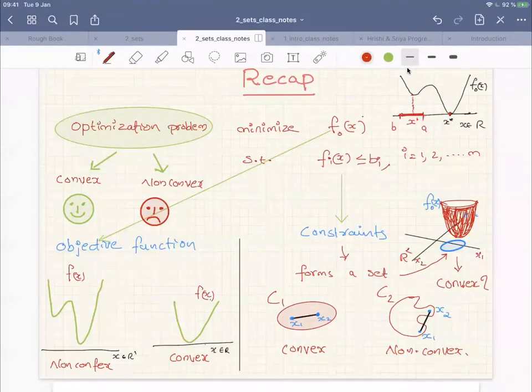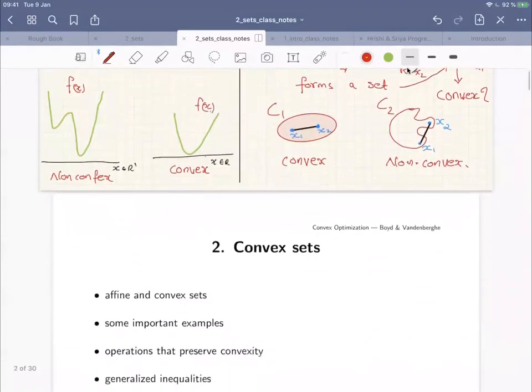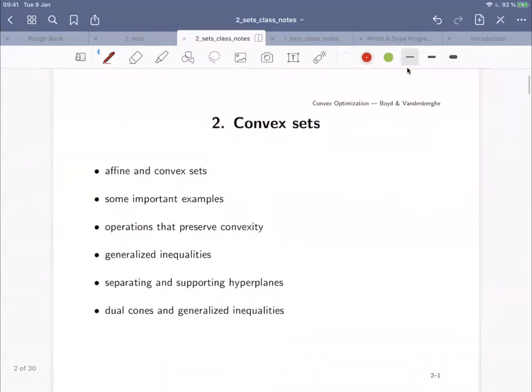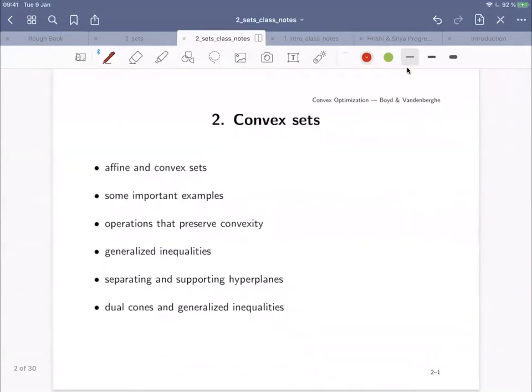Okay, so let's get started. Before that, we already said that in this course we will be following slides from Professor Boyd, and we will also discuss some topics from his text.